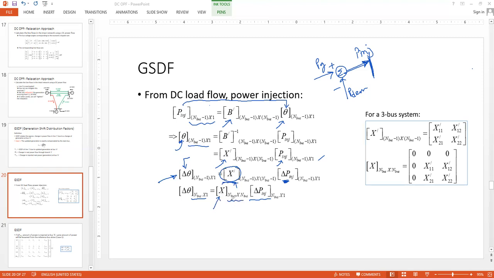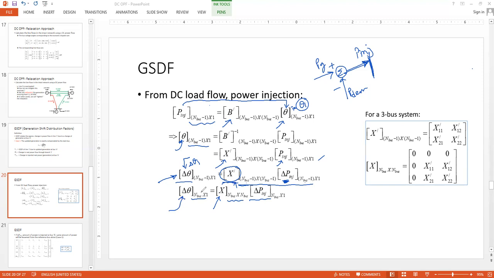By network, we mean how many buses there are. If there are n bus, the dimension of x will be n bus by n bus. Up to this point of our derivation, it was n bus minus 1 everywhere. Considering the del theta, remember the topmost theta, theta 1, was not taken into consideration. Similarly, up to this point that topmost entry del theta 1 was not included, however it has been included here.